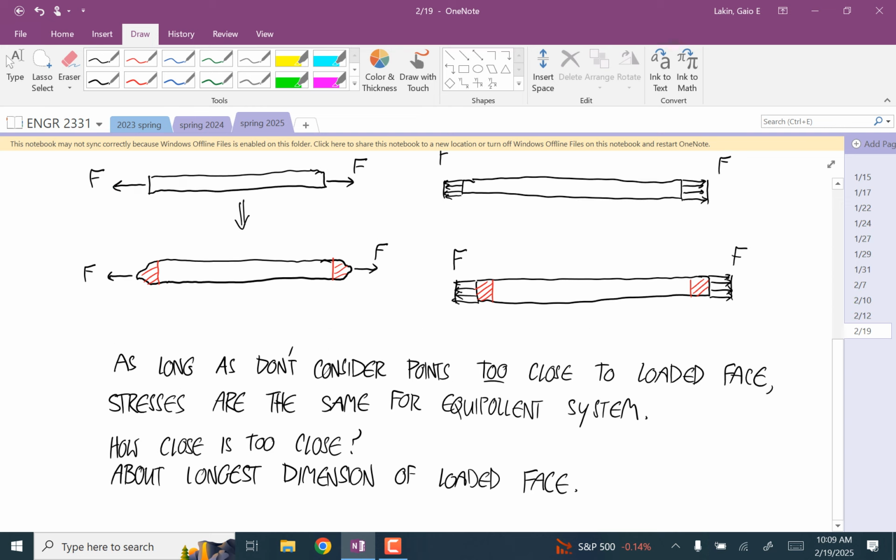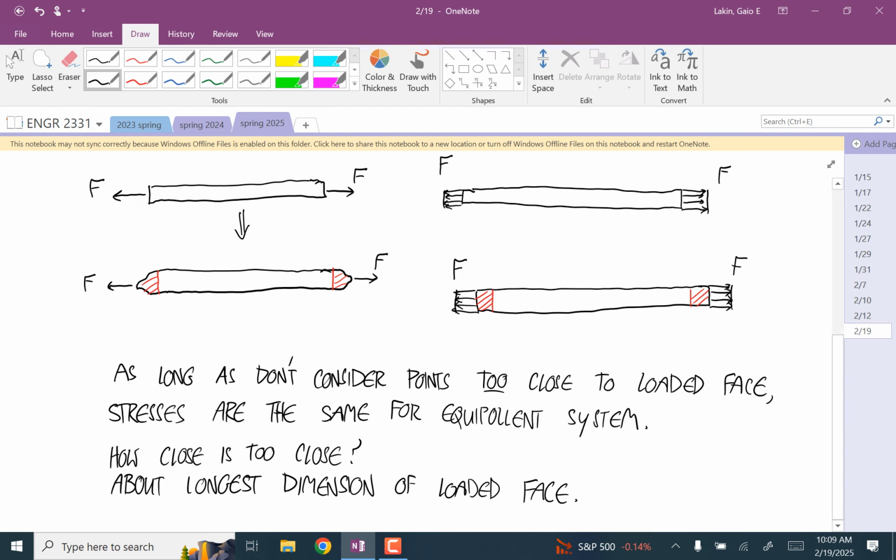Okay, so you can see that the red shaded area that I gave, the length of that red shaded area is somewhere in the ballpark of the length of that face in the other dimension, you know? Yes? So St. Bernard's principle is only for beams? It's St. Venant's principle. Venant's.